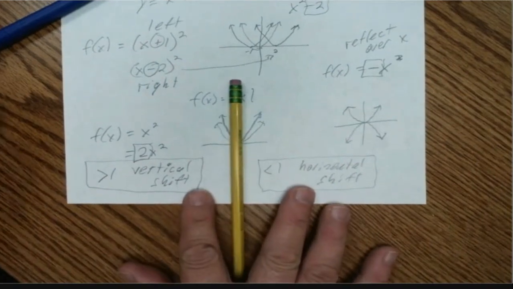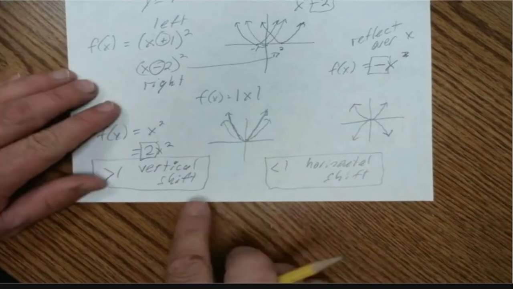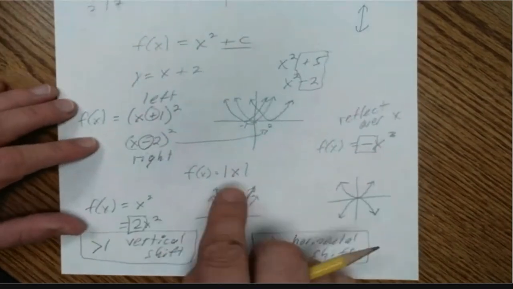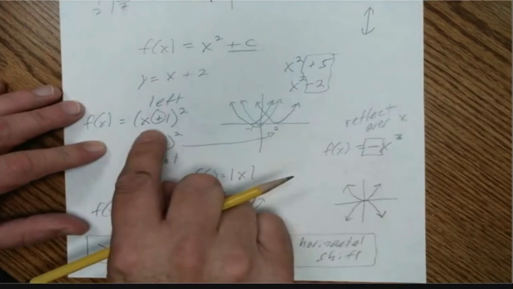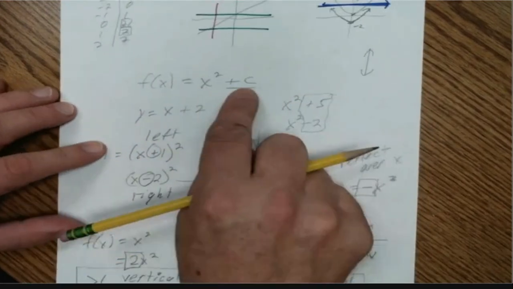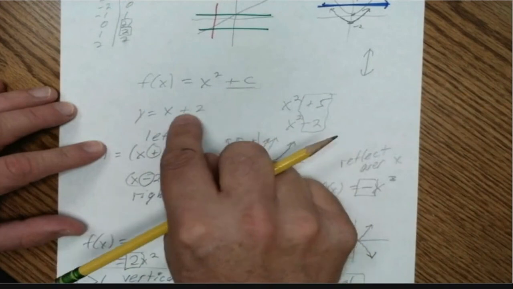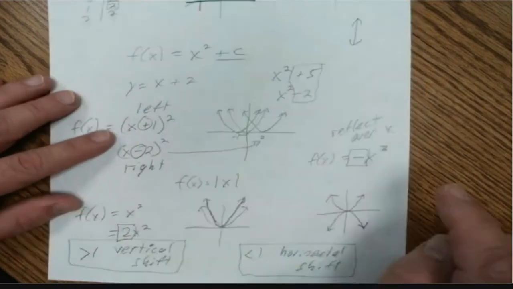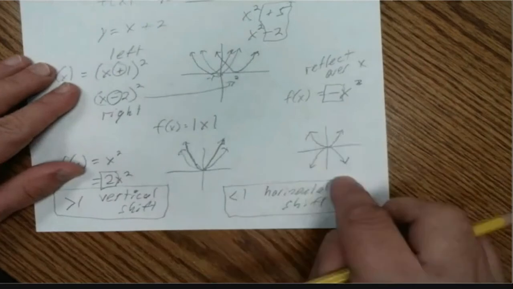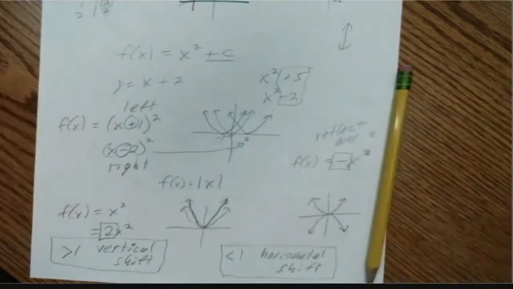So that's what we're looking at in transforming graphs. We're moving it left and right by putting it inside with the x in parentheses, moving it up and down by adding a constant at the end of the function, or reflecting it by putting a negative in front of it. We're going to reflect it over the x-axis like we did right there. That is the big picture for this week.